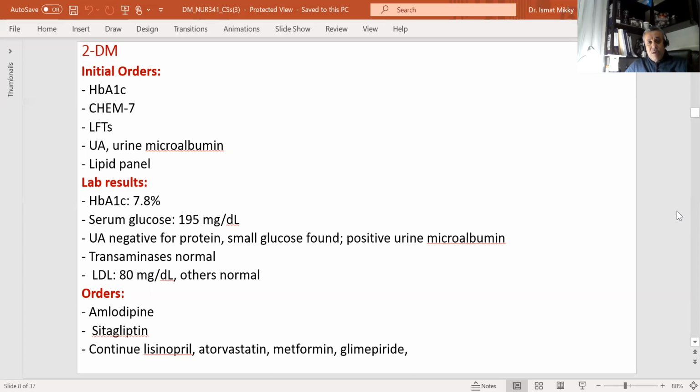So the orders now: amlodipine, which is a calcium channel blocker, as a second hypertensive agent. Sitagliptin, which is a hypoglycemic agent, which is the Januvia.